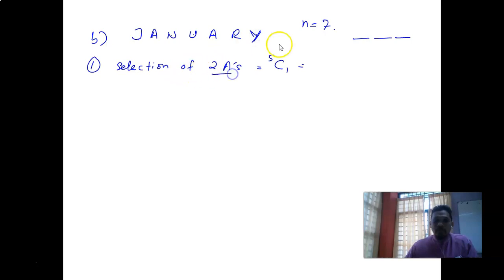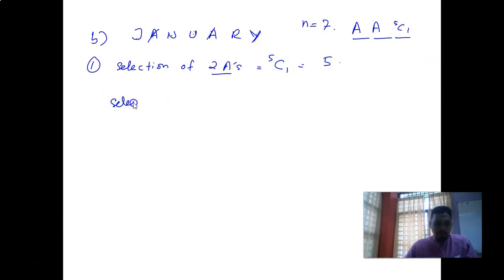The 2 A's are already here, so there is only 1 place left from the 5 letters J, U, R, N and Y. So 5C1, which is equal to 5.